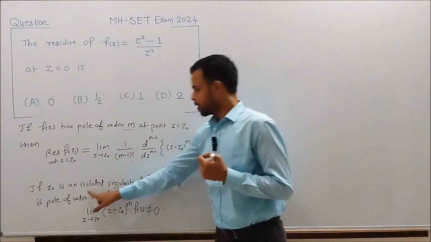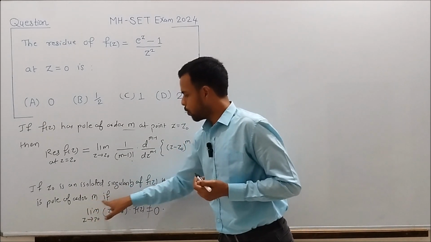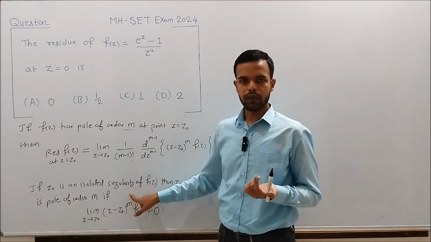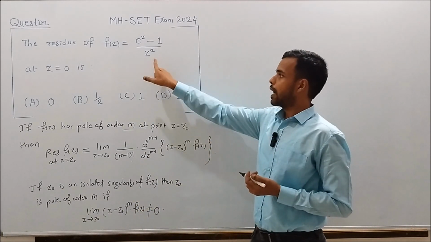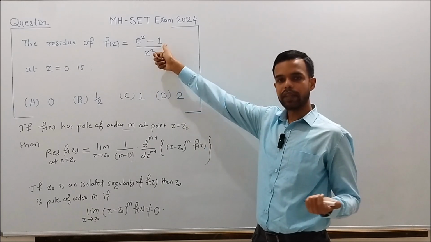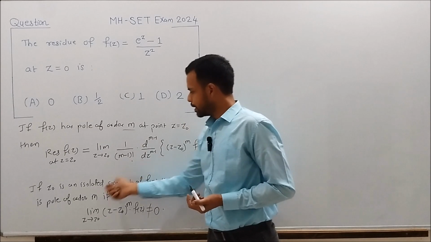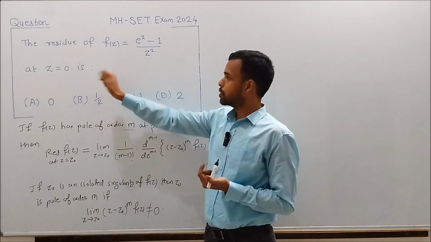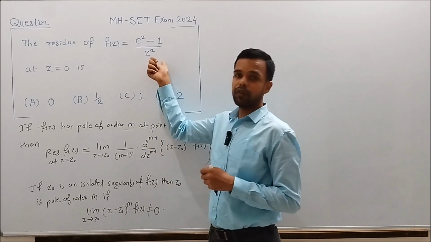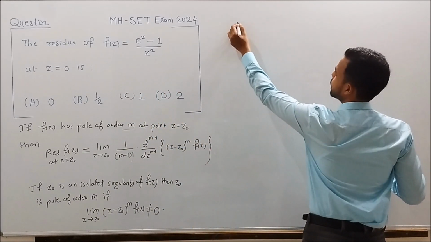Clearly here, as z equals 0 is the only singularity of f of z, it must be an isolated singularity, and so we can apply this result to determine whether z equals 0 is a pole of order m of the given function or not. So let's calculate this limit.